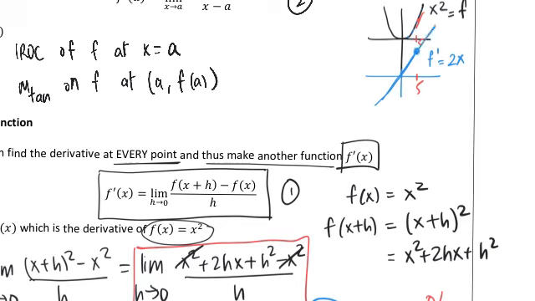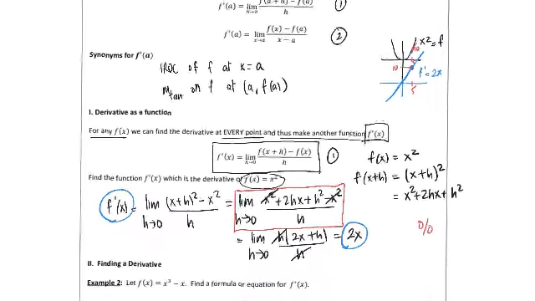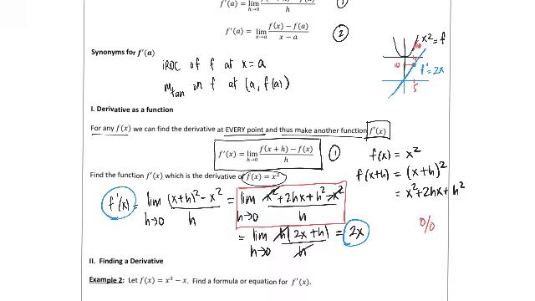So the slope of the tangent line on the parabola is 10, and that is equal to the y value on the 2x graph, which is the derivative graph. So we have generated a new function, and the y value on this new function is equal to the slope of the tangent line on the old function at any x value.